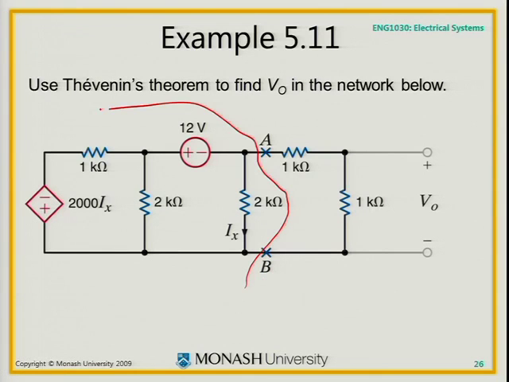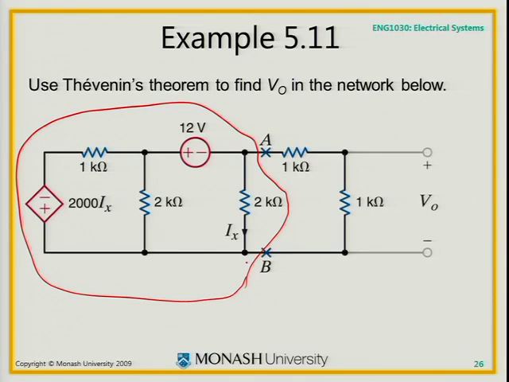So I want to replace all of that by its Thevenin equivalent, and then I'll put the Thevenin equivalent there instead of all that stuff, and I'll end up with quite a simple circuit, and I can find V0. But it's a bit ambiguous as it's first written.